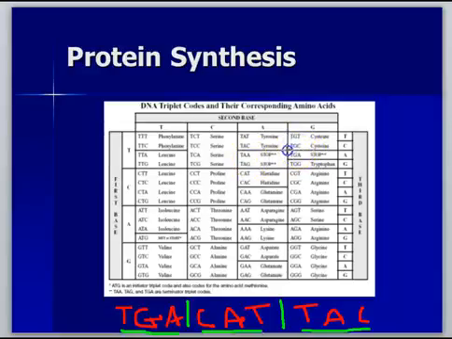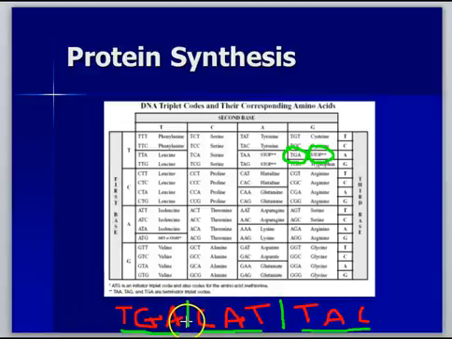Now, maybe this was a bad one for us to start with because TGA stands for a stop code. So that would be bad. If this was the middle of a gene and we had a stop code in the middle of the gene, that would be like you trying to, I don't know, open your locker combination and only doing the second number in your locker combination and trying to open your locker. It's not going to open. Same thing with a protein. If you don't have the right sequence of amino acids, then the protein isn't going to function properly.